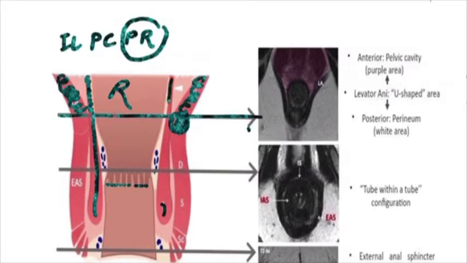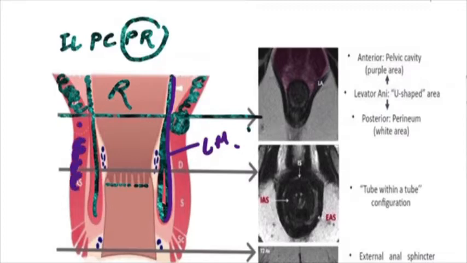So this is the internal anal sphincter along the anal canal, and this is the circular muscle of the rectum. The outer part of this circular muscle, or the internal anal sphincter, is the longitudinal muscle.